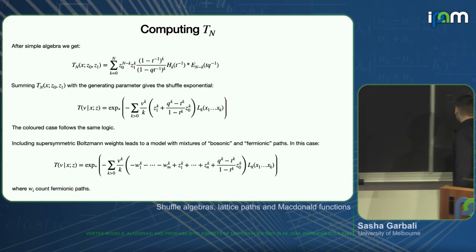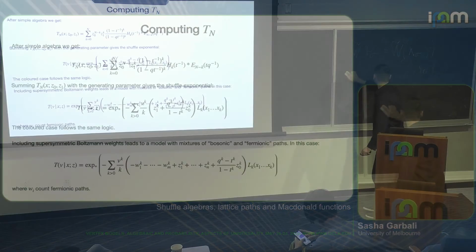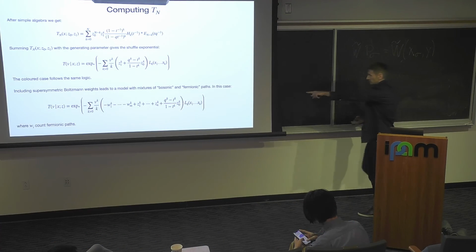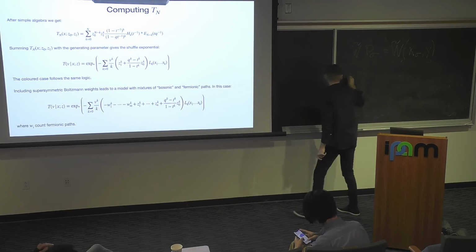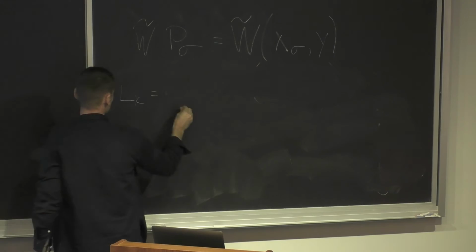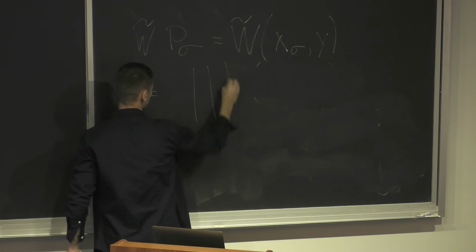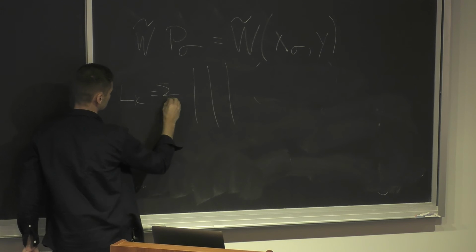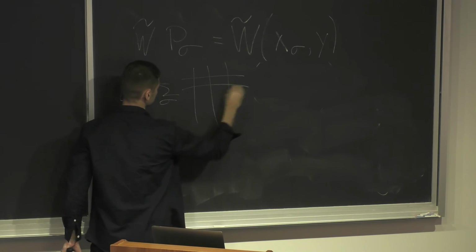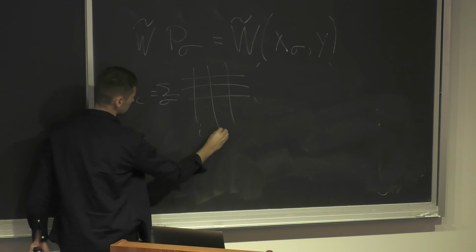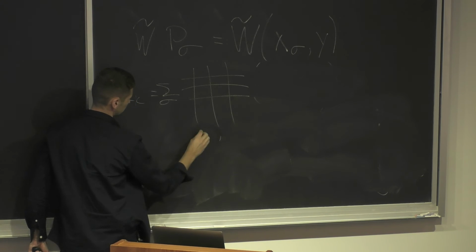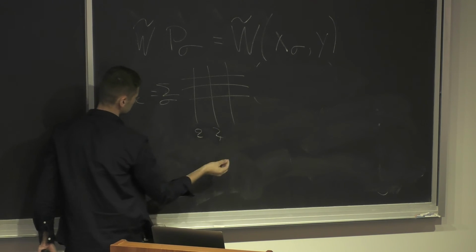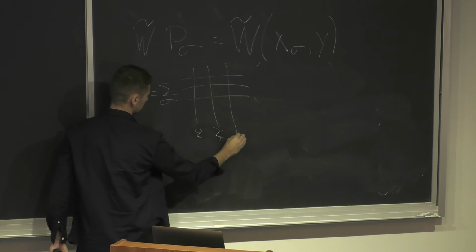But the consequence is that this L_K that you can see over here is given by a partition function of precisely the same type as before. So let's say you have 2, 2, 1.